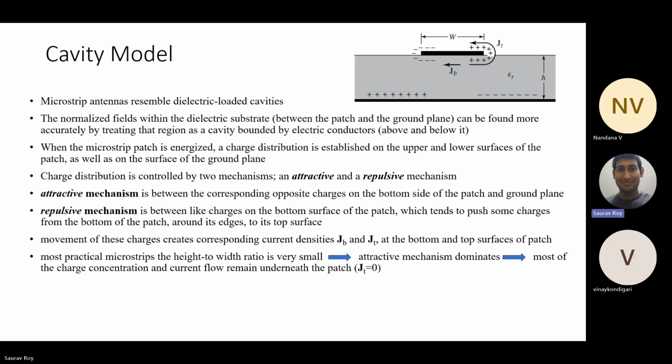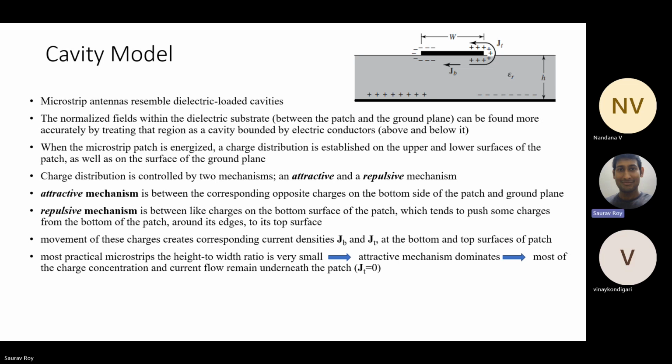Because the length of this is around lambda by 2, it shows a variation of positive and negative. One side is positive and the other side is negative, because it's lambda by 2. The same thing happens in the bottom layer also, with positive and negative on the opposite sides.